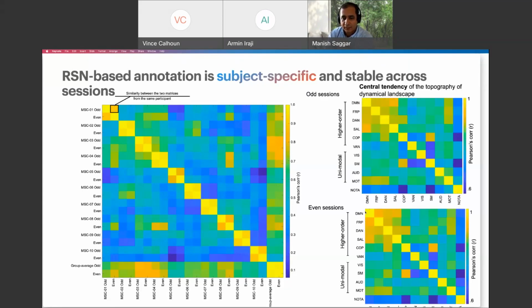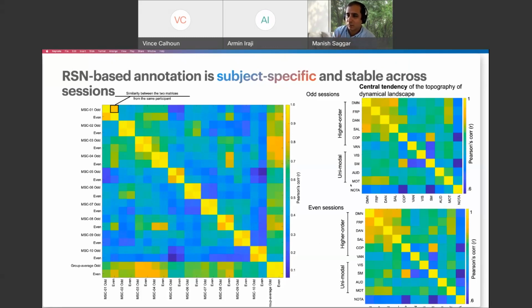And the other thing is, in the anatomical space, there is this whole gradient research, like the topological gradient, where the idea is that the higher order networks kind of sort of hang in together, whereas the unimodal networks are separate, and you get this differentiation between the two, which is very interesting in itself.